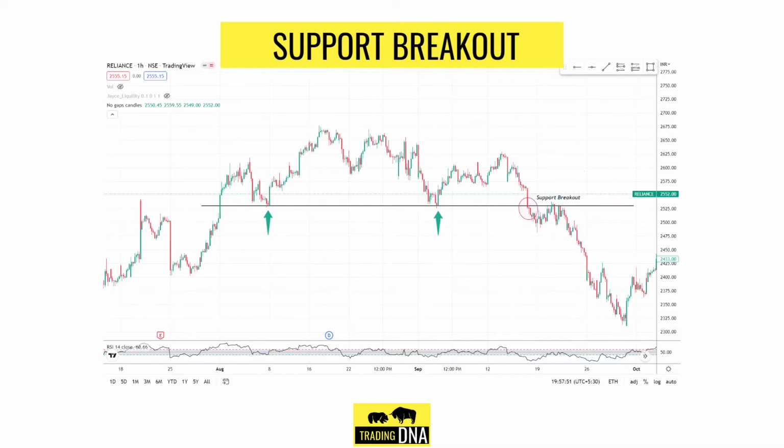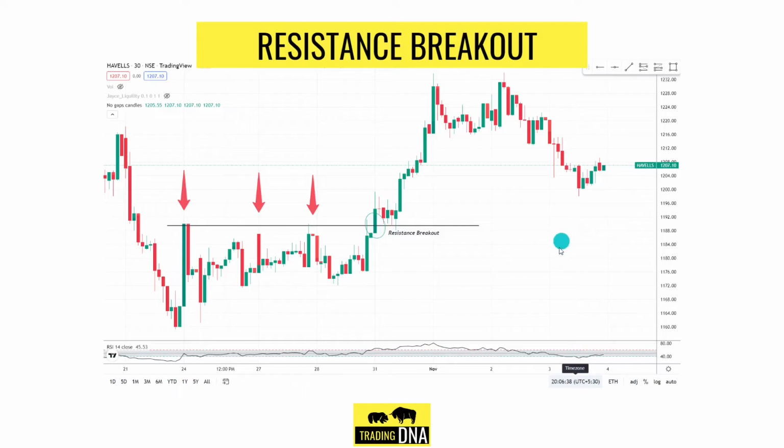And in another case, what if a resistance got broken? In this particular stock of Havells, we can see clearly this stock got a resistance at this zone, once again and here, and also when it reaches resistance at this point, now this particular stock has broken this resistance level and got higher and higher, which means here the supply has turned into demand.